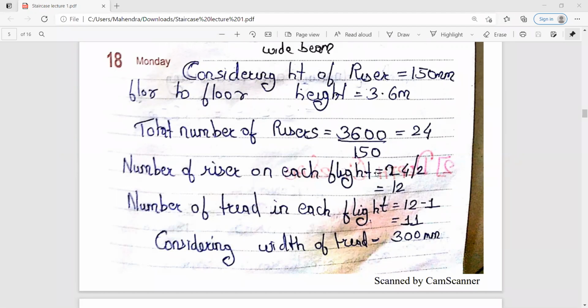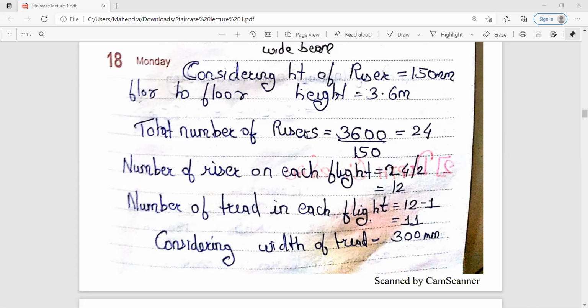So after considering the residential building, we are going to assume the height of the riser as 150 mm. Then floor to floor height is given to you in the question, that is 3.6 meter. Then you need to calculate the total number of risers. How many risers are there in your design?